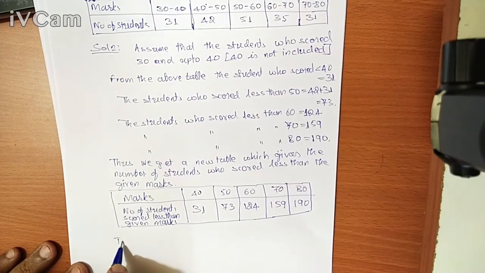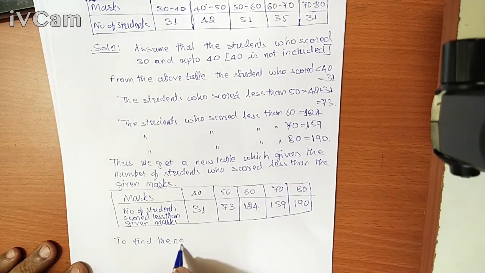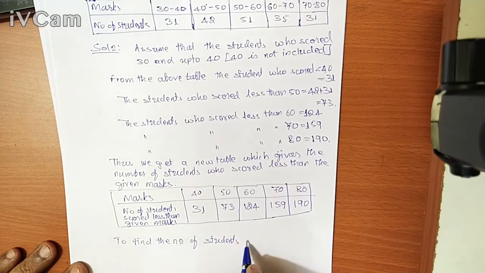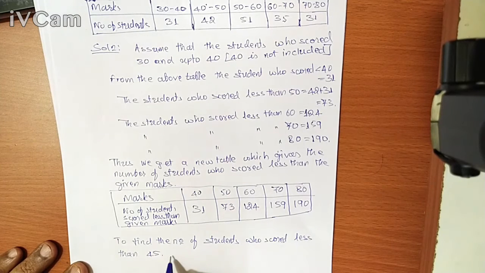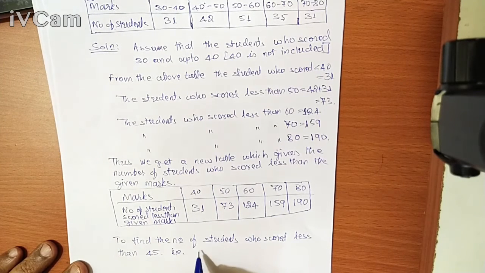So now, to find the number of students who scored less than 45, that means x is equal to 45.